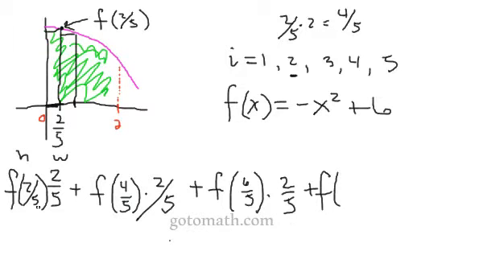I need to try writing a little neater. It looks to me like I get in a hurry. So this was i was 1, i is 2, i is 3, i is going to be 4 this time, and that means 2/5 times 4 is 8/5.